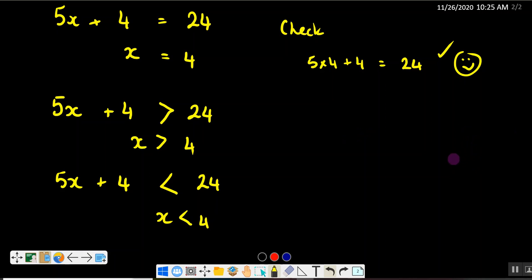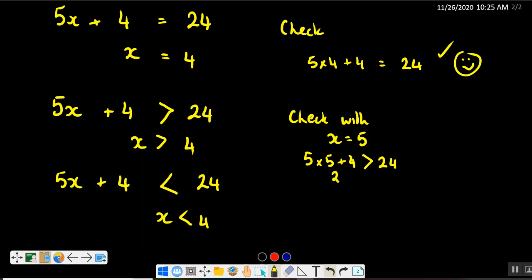Substitute it in. So we do 5 multiplied by 4 plus 4 is equal to 24. Okay, good. I'm happy. How do I check an inequality? I'm going to check with x equals 5, which is greater than 4. So I put that in and say, when x equals 5, I want 5 times 5 plus 4 to be greater than 24.